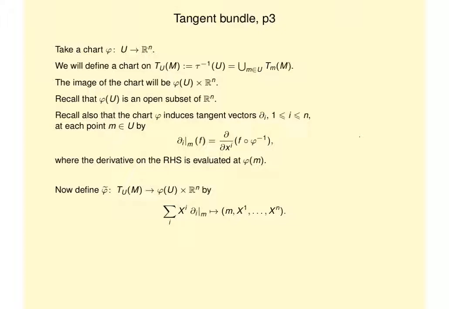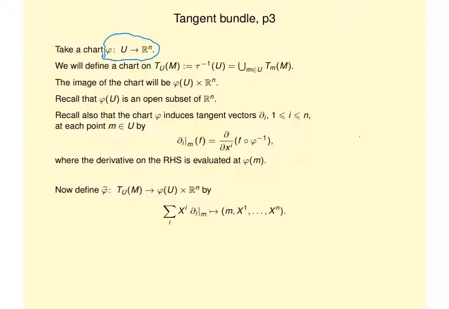Okay, now let's do the actual manifold structure. So I'm going to start with a single chart for my manifold, phi from an open set U in M to an open set phi of U in Rn.